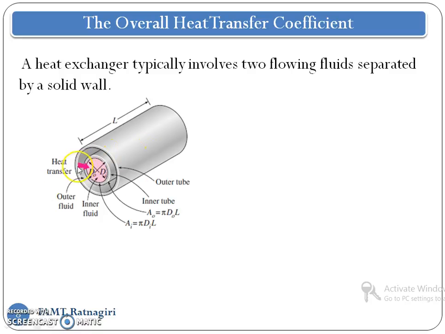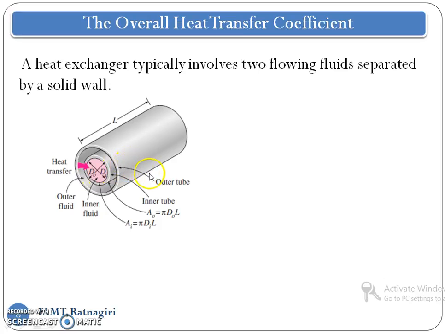For that, we have to consider heat transfer through the thickness of this tube wall, the wall of the inner tube. Then in the annular space we have the outer fluid. In the inner tube we have the inner fluid.